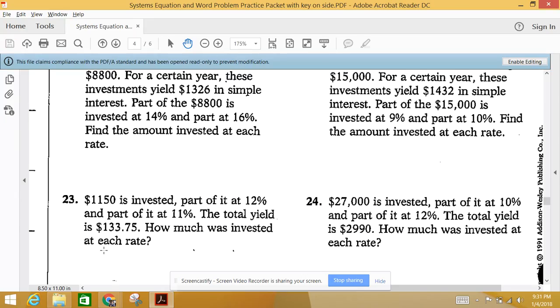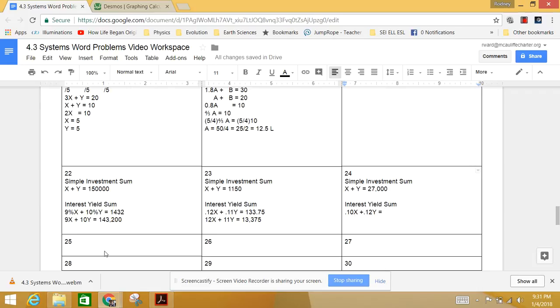Now, all that interest together adds up to $2,990 as my yield. I'm going to go ahead and clear the decimals by multiplying everything by 100 again. Put two more zeros on there. And there's your setup. You've got two equations, x plus y equals 27,000 and 10x plus 12y equals 299,000.